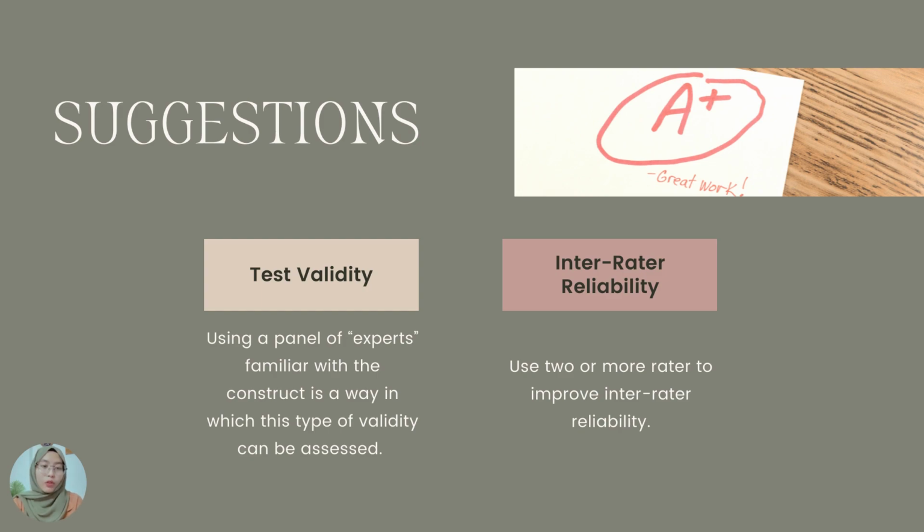So using a panel of experts familiar with the construct is a way in which this type of validity can be assessed. And for inter-rater reliability, I should have used two or more raters to improve it. This would remove inconsistency in grading as well as the bias in grading.